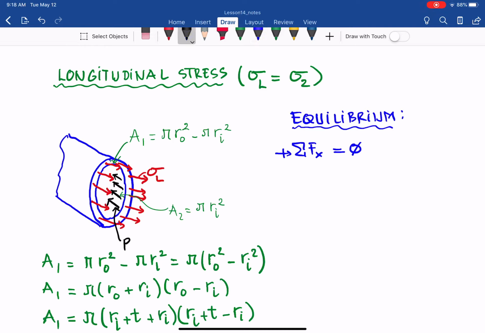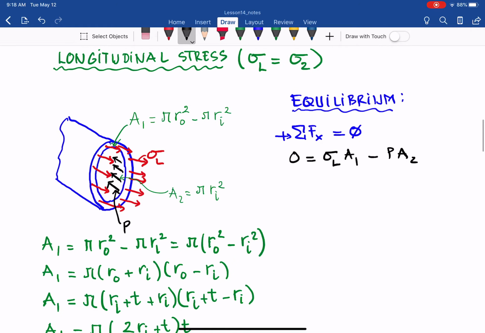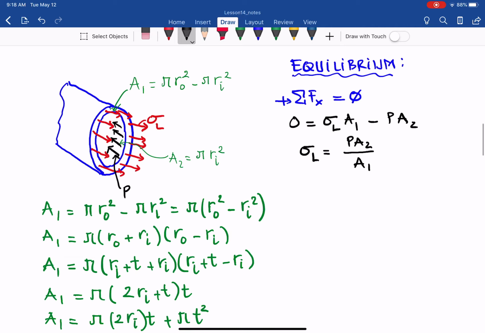We plug that in: 0 equals sigma longitudinal times the area A1 minus the opposite, P times area A2, because pressure or stress times the area gives the load or the force. From this, I can have sigma longitudinal stress equal to P A2 over A1, and we can plug in the A1 and A2 we already have.